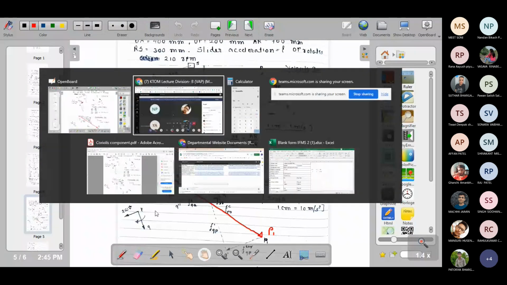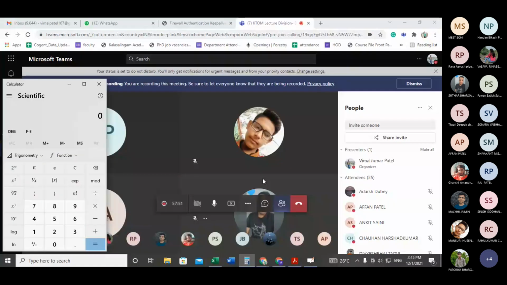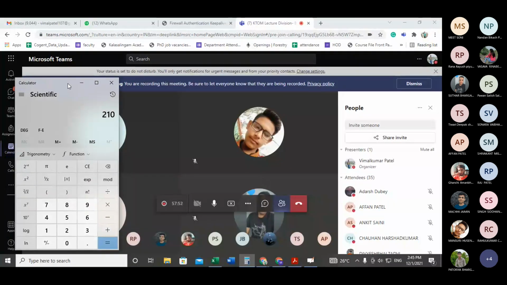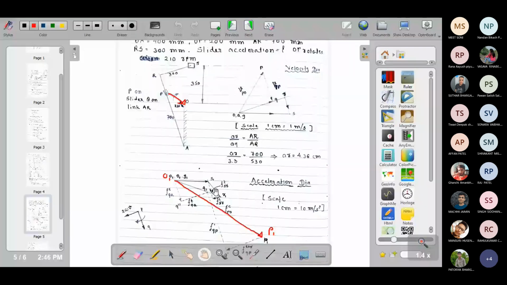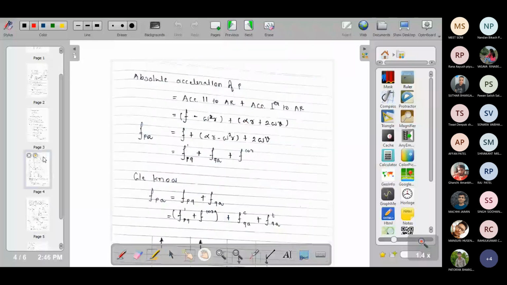I have made a mistake. 120 into 2 into 3.4 divided by 6. It's 120, my mistake. This it is no angle. It is 120. So I have made a mistake. Just a minute.